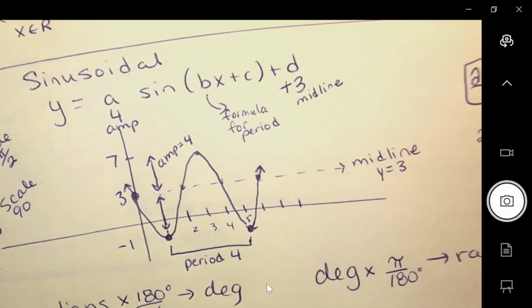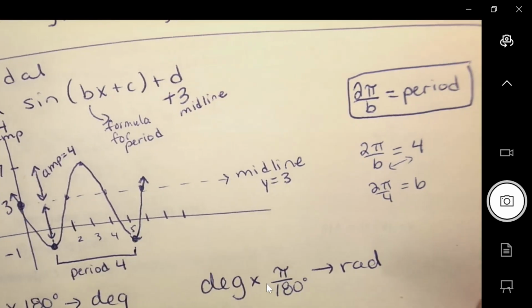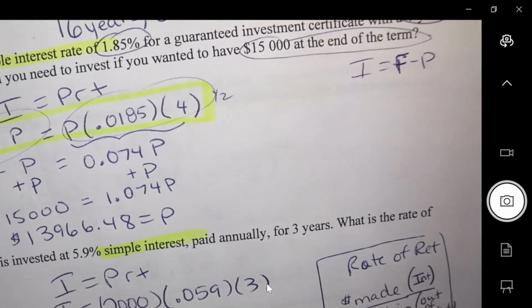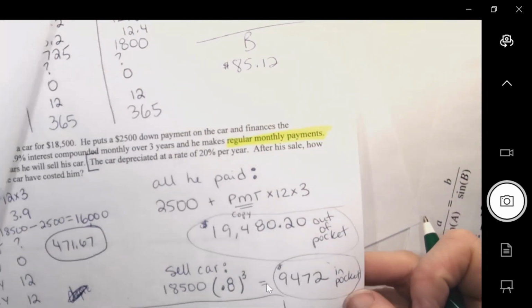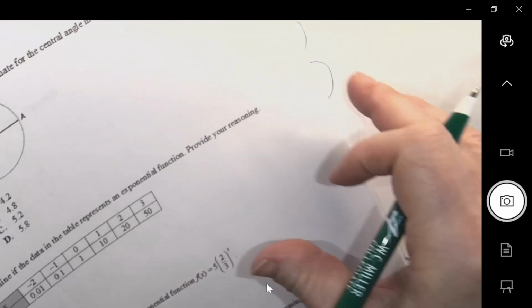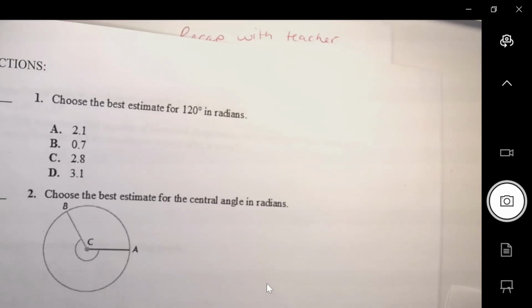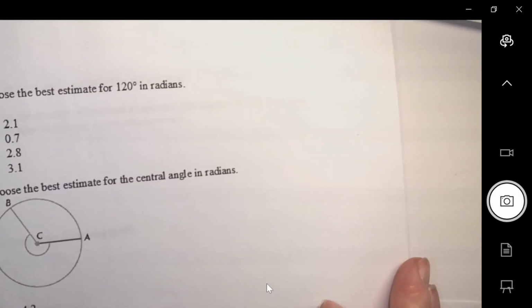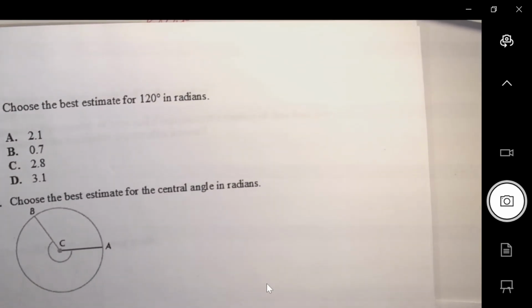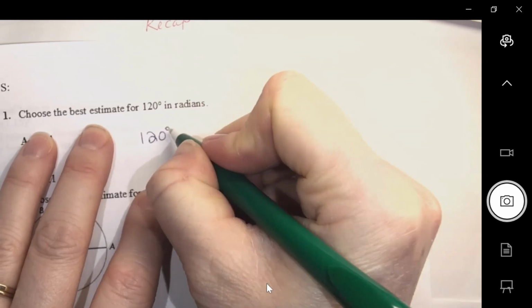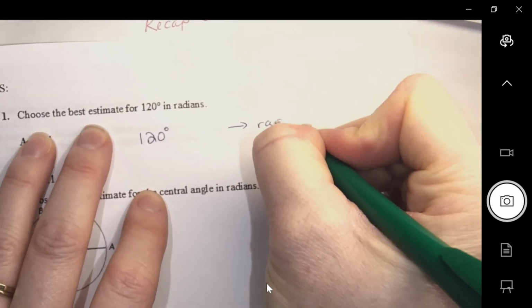Okay, let's jump into some questions and keep that handy. I think we're going to do some calculator steps on this sheet as well. Okay, what page are we on here? Okay, choose the best estimate for 120 degrees. So I want to get it into radians.